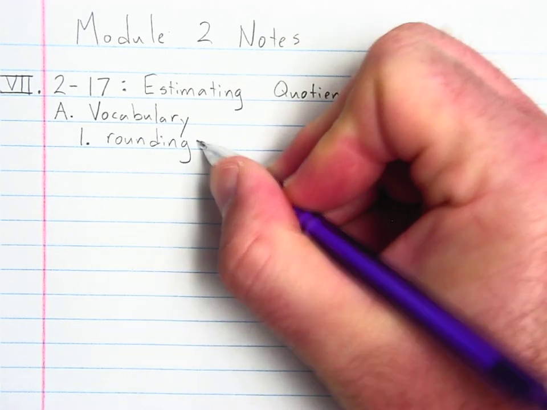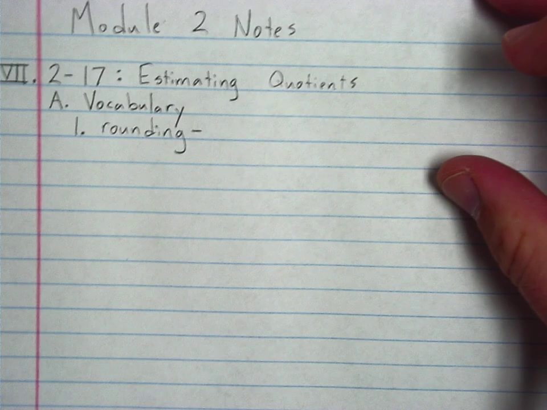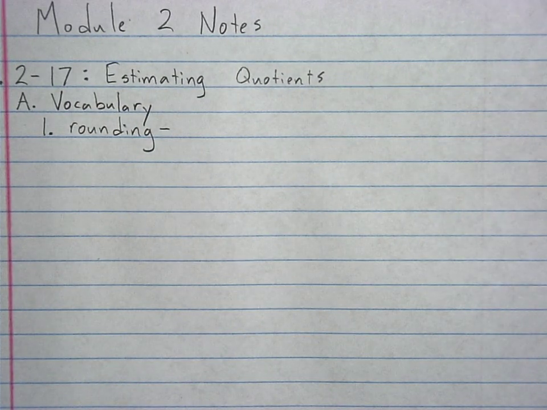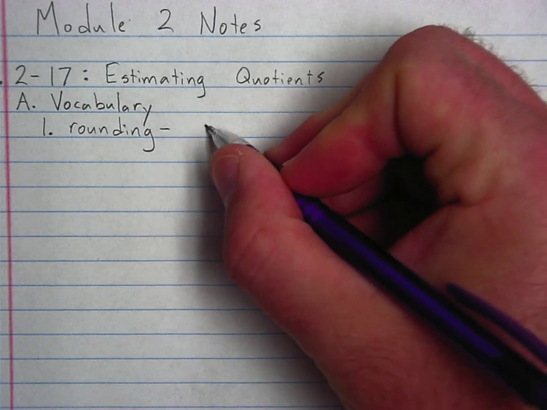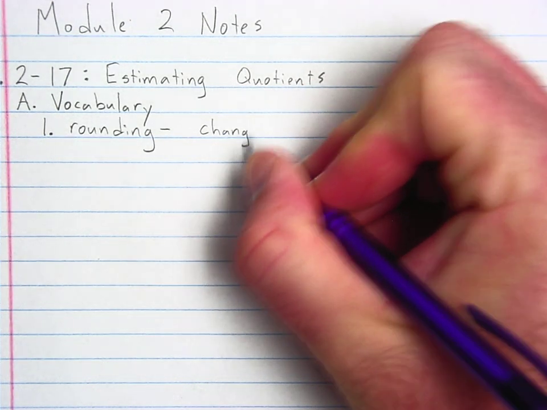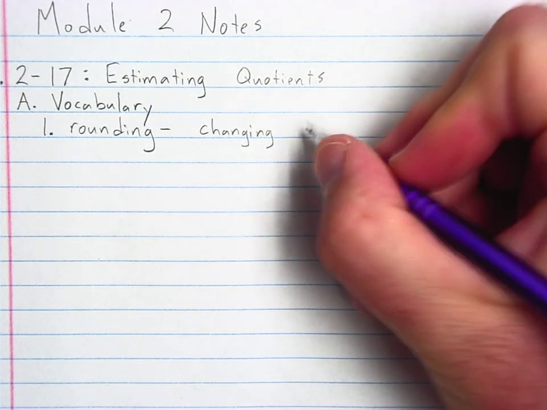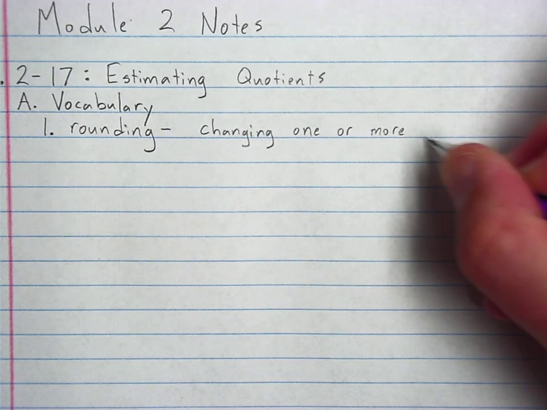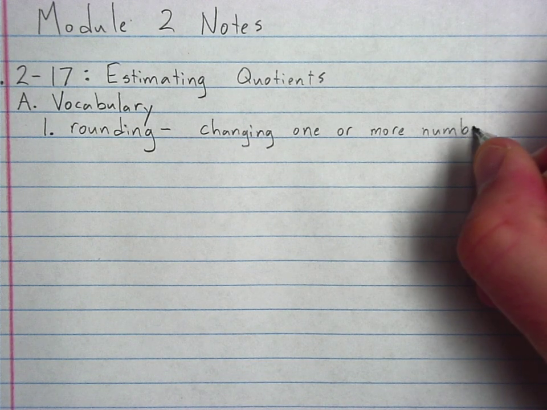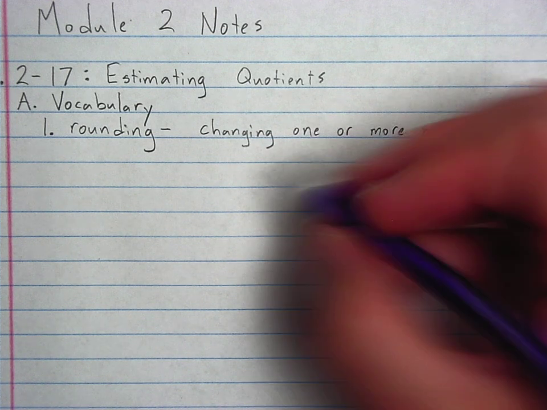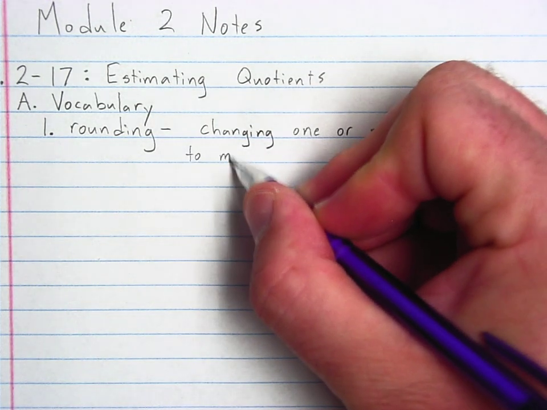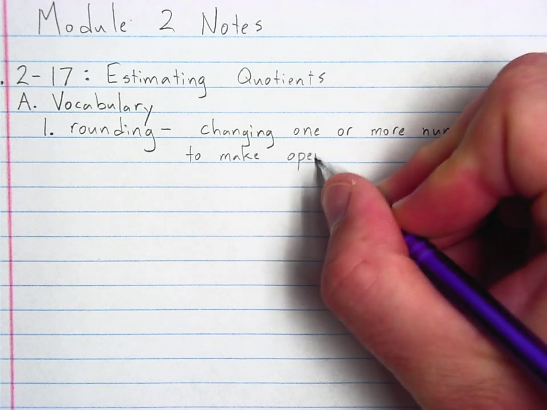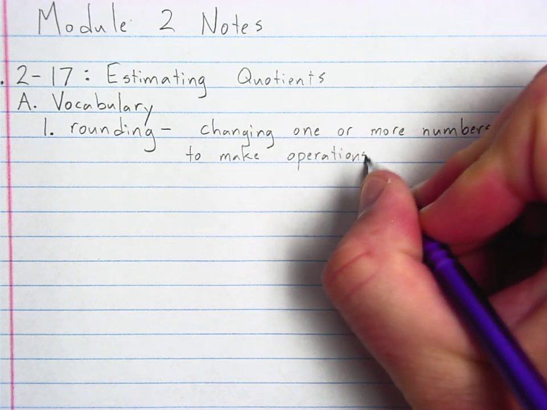rounding. We've talked about rounding a number of times. I know I'm really, really picky about it, but again, I want to make sure that you're using the right terms. Rounding means changing one or more numbers to make operations easier.